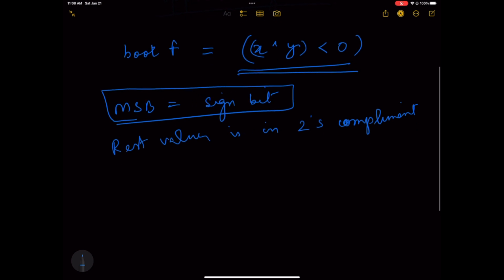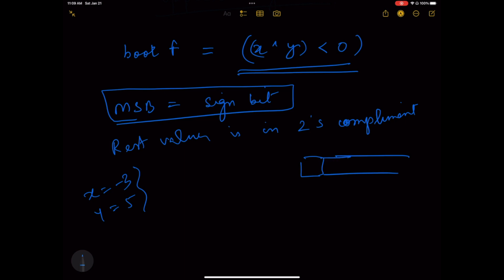Okay, so suppose two numbers like x is -3 and y is 5, or any numbers which have opposite signs. Let's say this is the bit representation for x in memory, and this is the bit representation for y in memory, and this is the most significant bit for both x and y.